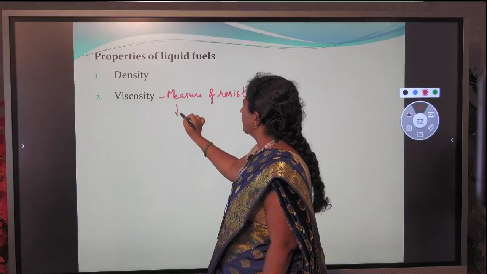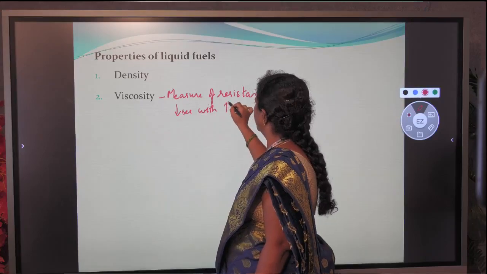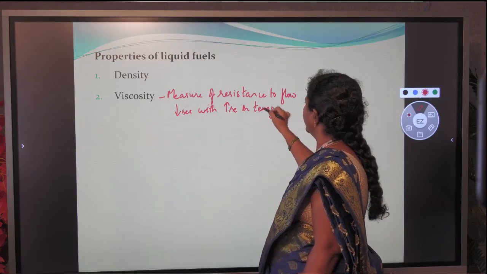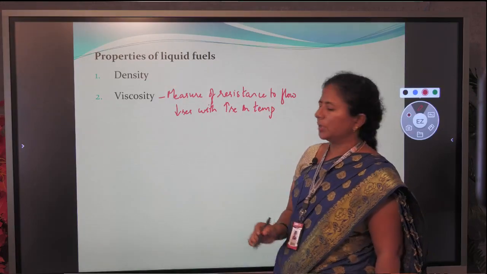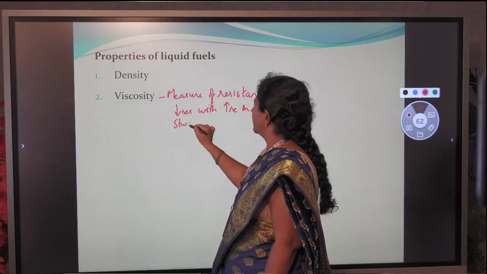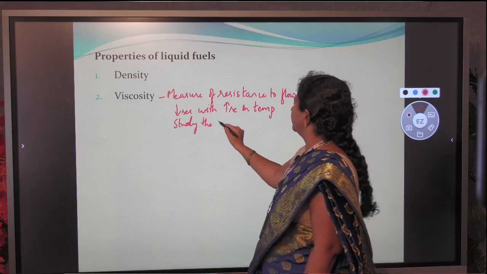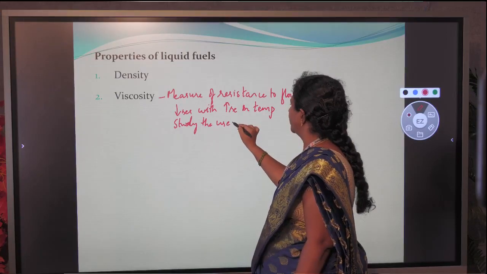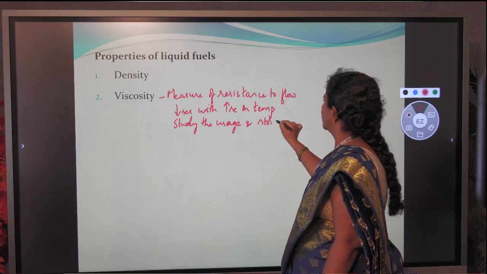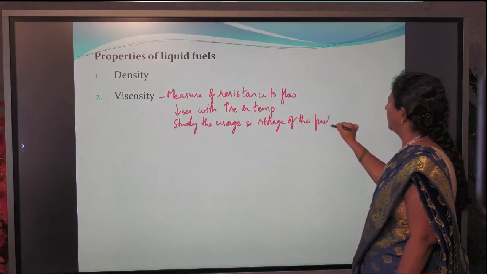And the viscosity decreases with increase in temperature. Viscosity is used to study the usage and storage of the fuel.